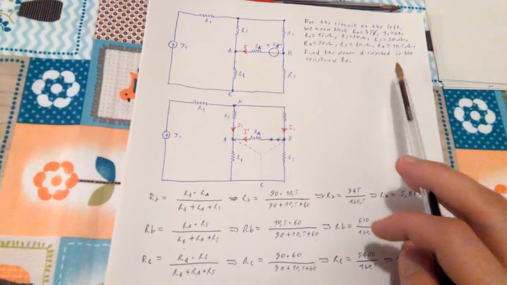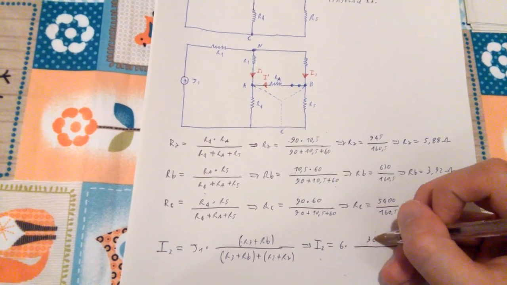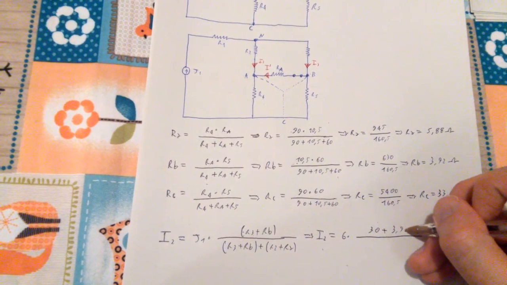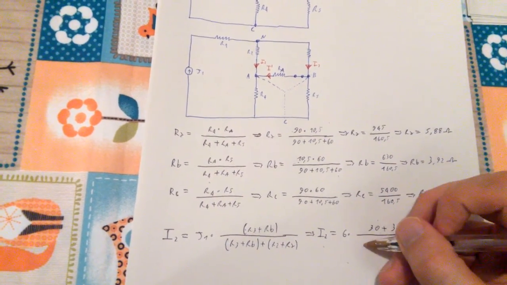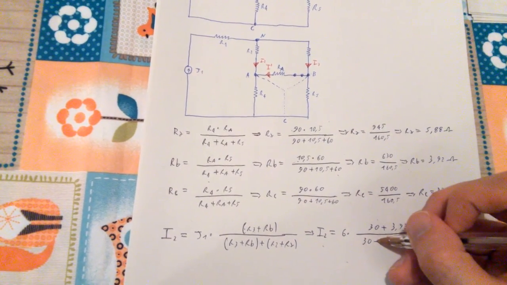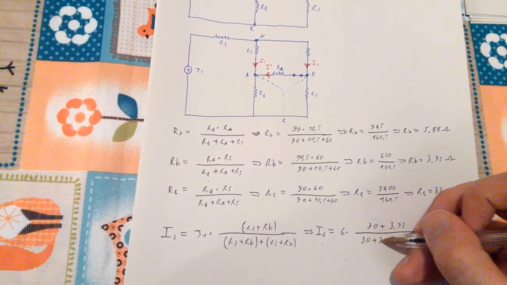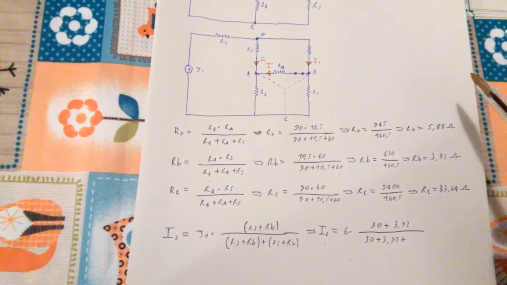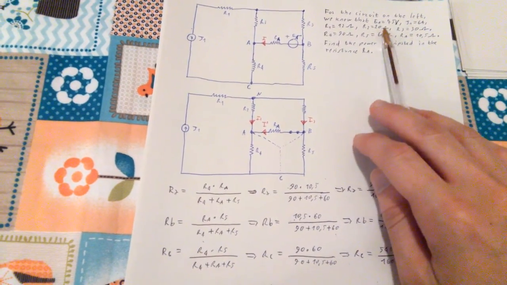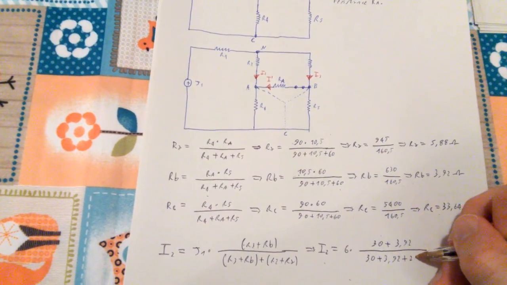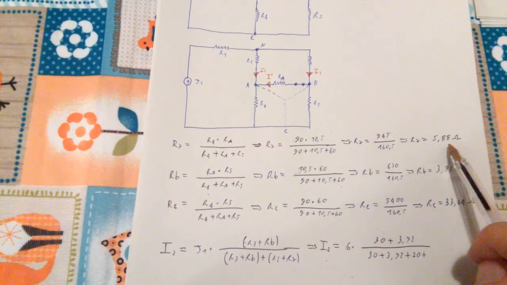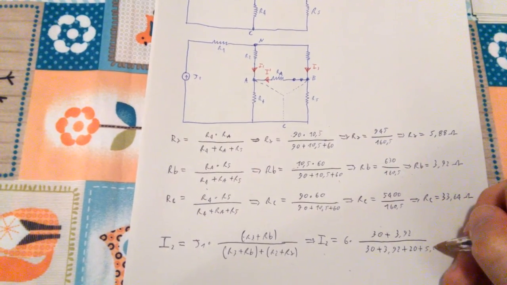R3, which was 30 ohm, plus RB, 3.92 ohm, over R3, so 30, plus RB 3.92, plus R2, which was 20 ohm, plus RA, which is 5.88.